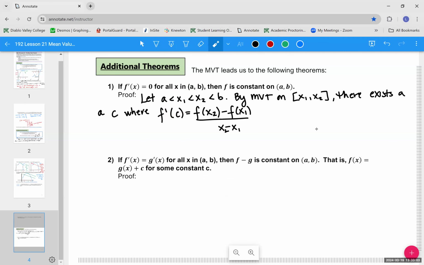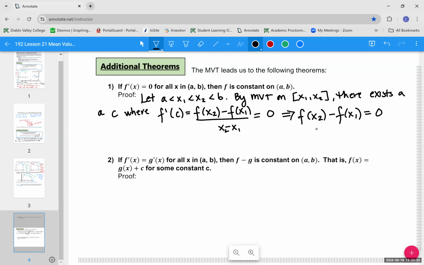So that means that f prime of c must also equal 0. Sorry about that. So this must also equal 0. Well, that only is true if the numerator equals 0.